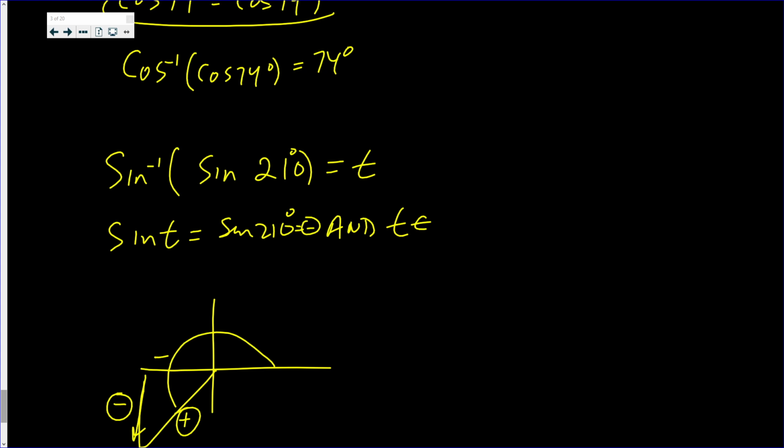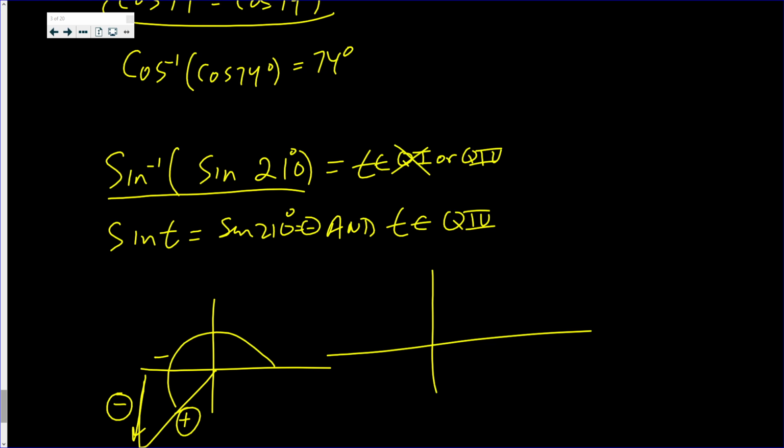That means, now sine inverse is only defined in quadrant 1 or quadrant 4, so the angle t is in one of them. Well, it isn't positive, it isn't negative in quadrant 1, so t is in quadrant 4. I want to know what angle this can be to give me the same as the sine of 210.